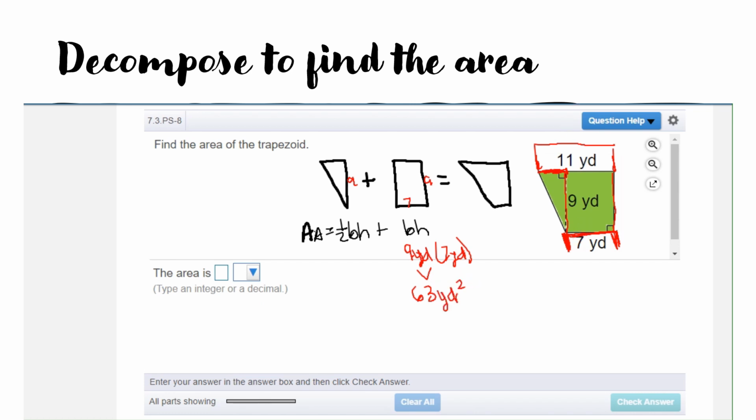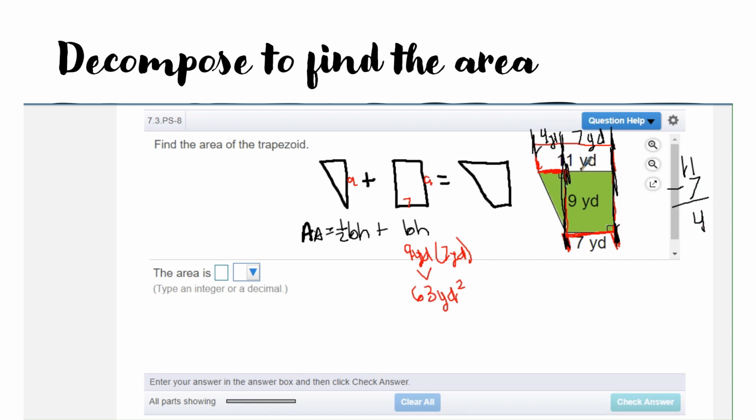Since from here to here is 7 yards, that means all the way up from here to here is also 7 yards. So this is 7 yards right here. So 7 and what number will be equivalent to the whole 11? Well, 7 plus 4 yards, because 11 minus 7 is 4.